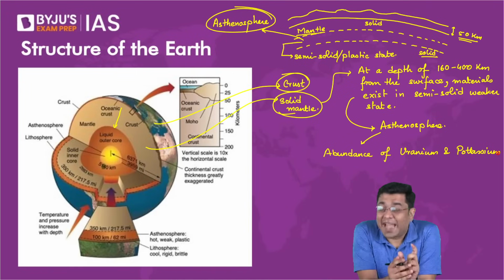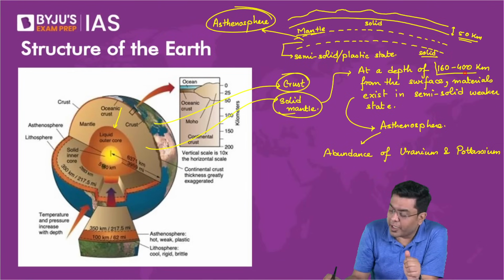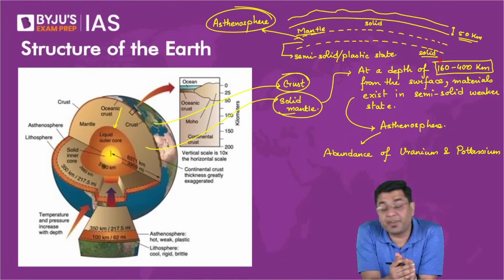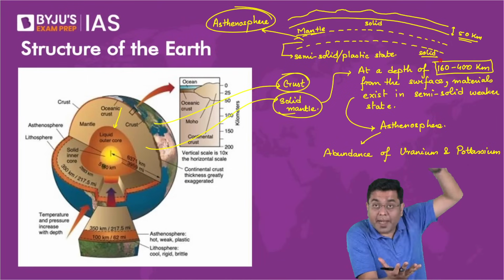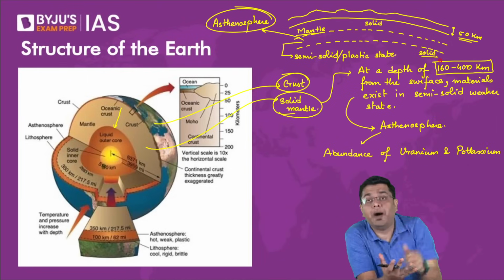Understand, already the temperature keeps on increasing as you go every kilometer into the depth, sometimes by 20 degrees Celsius per kilometer, sometimes by 25 degrees Celsius per kilometer. So already by the time that you are at a depth of 160 to 400 kilometers, the temperature is significantly high enough. To add to that, there is a pressure exerted by all those heavy rocks from above.